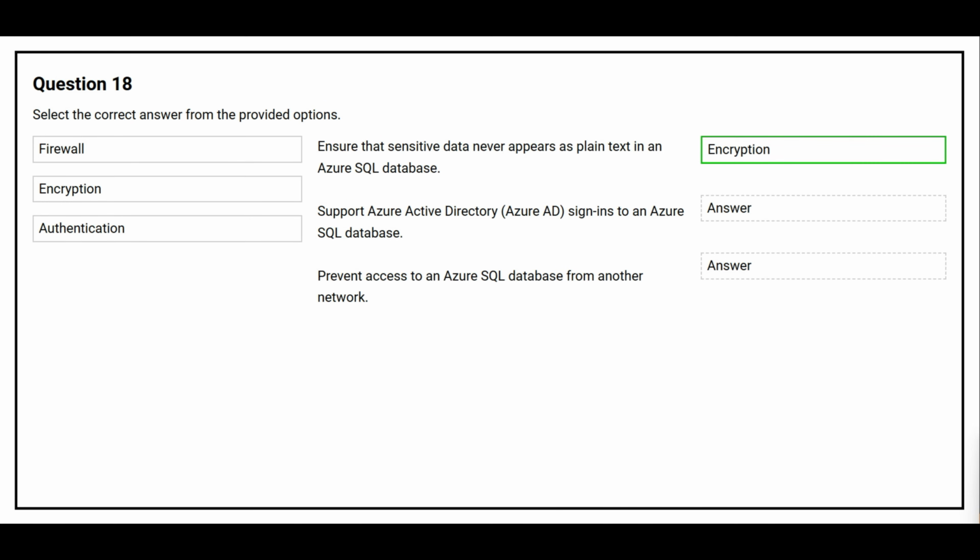The second question is, support Azure Active Directory, Azure AD sign-ins to an Azure SQL database. The correct answer is authentication. The third question is, prevent access to an Azure SQL database from another network. The correct answer is firewall.